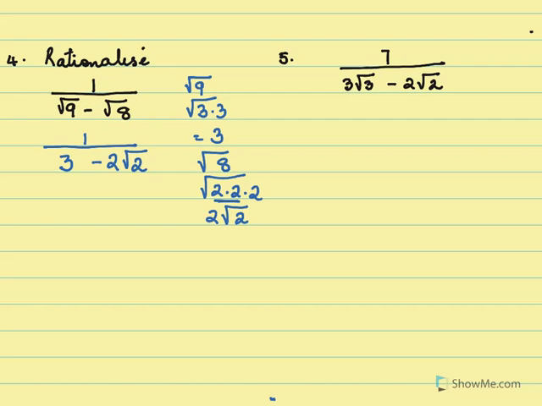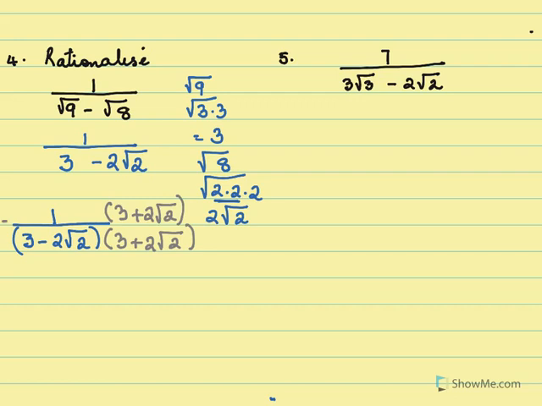Now I need to rationalize this, so I write it up again. 3 minus 2 under root 2, a minus b, I need to multiply it by a plus b. So this is a plus b. So here I have 1 over a plus b, a minus b, a square minus b square.